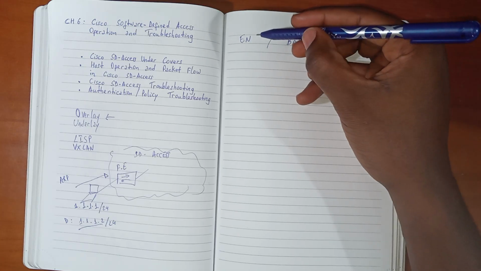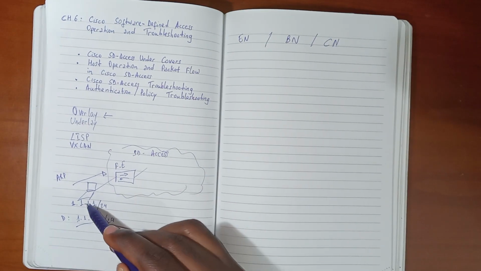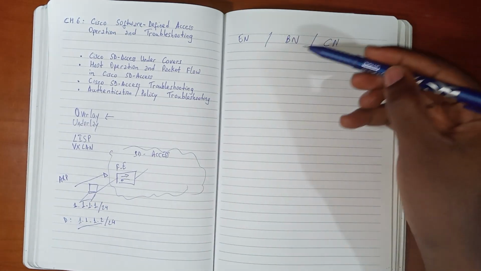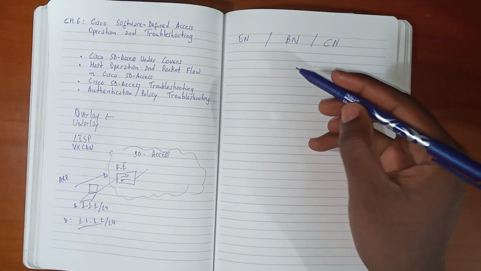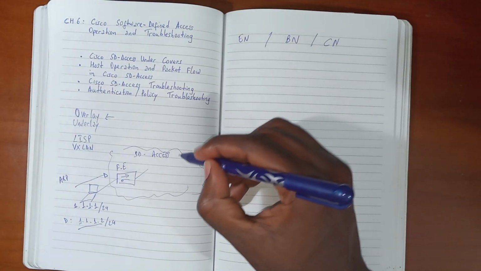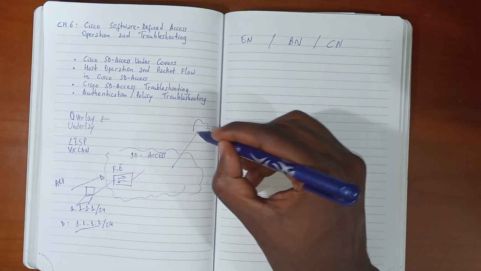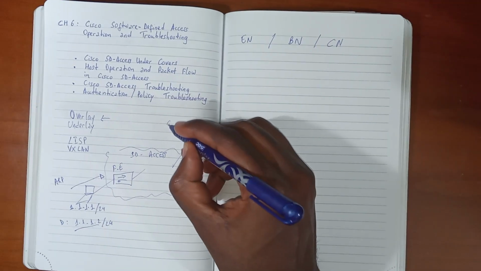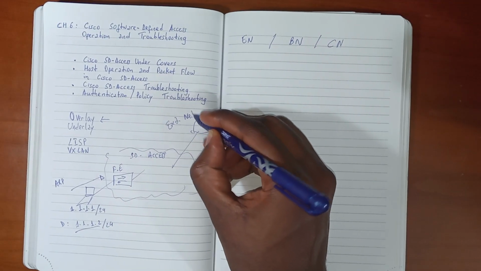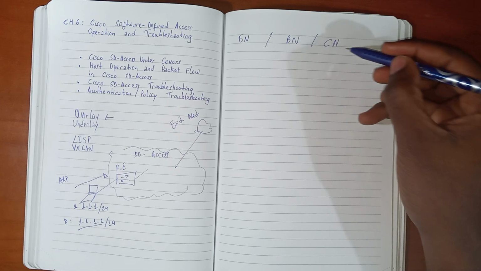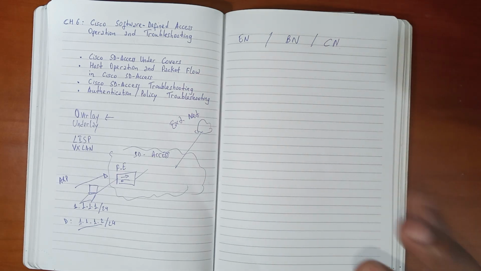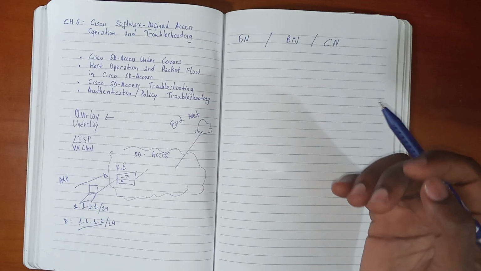The edge node is the device that connects directly to the end user. The border node allows the communication between the fabric and the external network. And the control node is the one that makes the registration, it is the brain of our infrastructure.